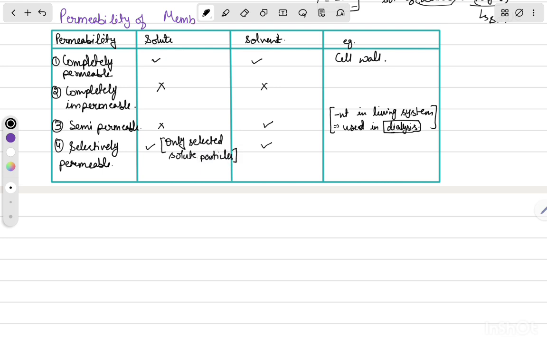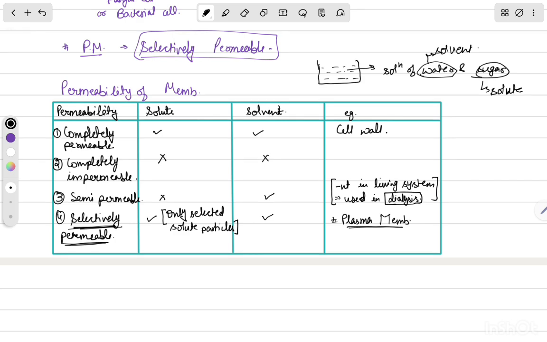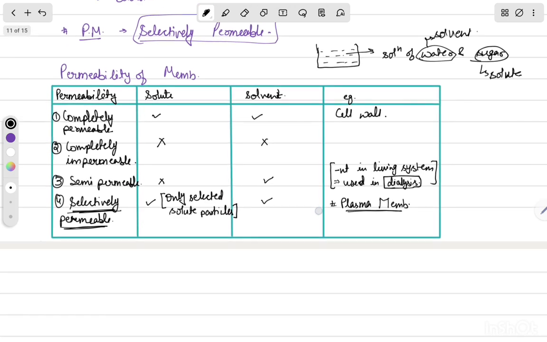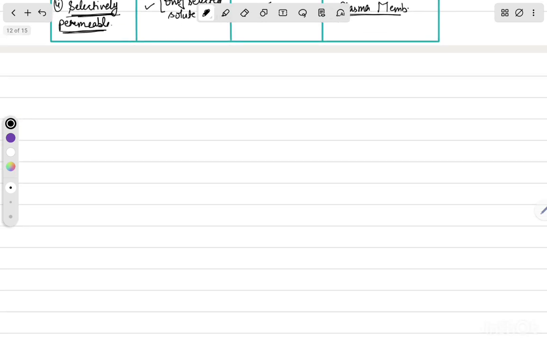So this type of membrane is selectively permeable membrane, means it allows the movement of solute, but only selective solute particles are allowed. And example is plasma membrane. So whenever we talk about plasma membrane, we have to consider plasma membrane as selectively permeable membrane. That means it allows the entry of solvent particles, but it allows entry of only selective solute particles, right? Selective solute particles.